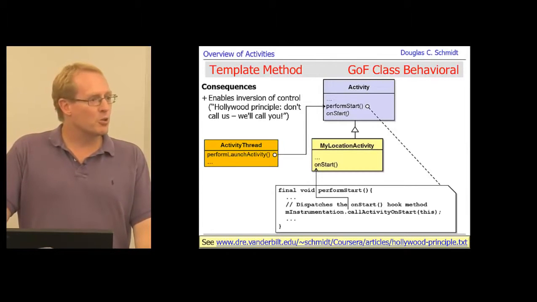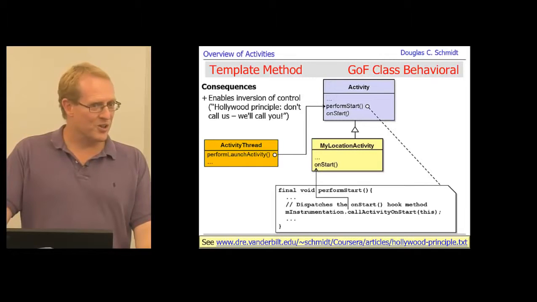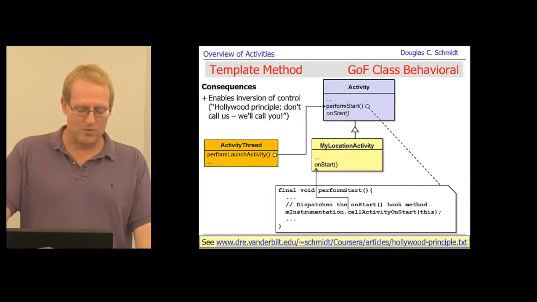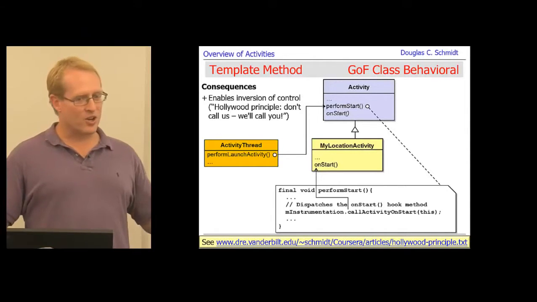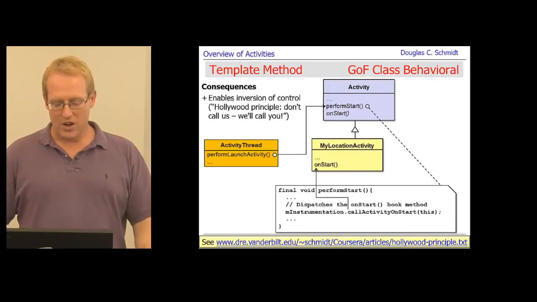From an inversion of control point of view, there's something called an activity thread, and that's responsible for getting the activity up and running. If you poke around in the source code of Android, you'll find that there's a method in the ActivityThread class called performLaunchActivity. In that method is a call to performStart on the activity.